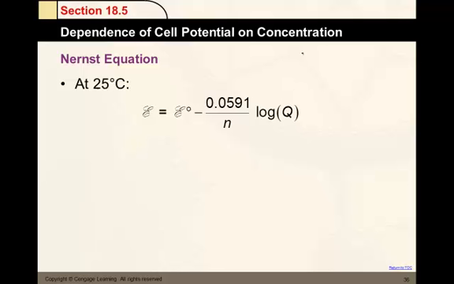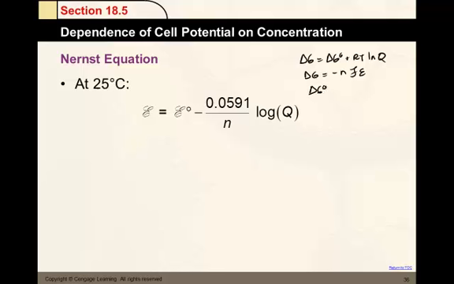You're going to remember this equation, which is delta G equals delta G0 plus RT ln Q from the previous chapter. And from the previous section, delta G equals minus nFE. F, of course, is a Faraday.